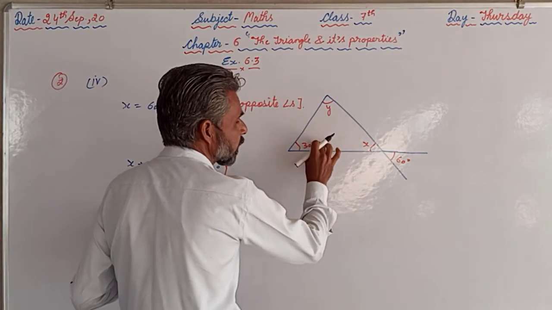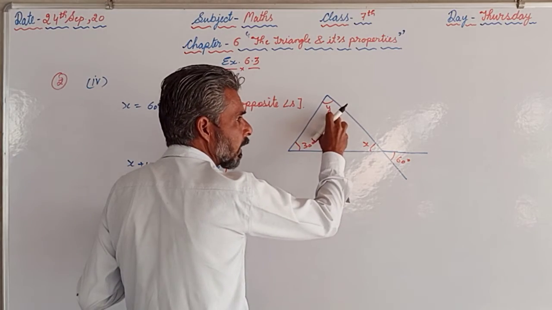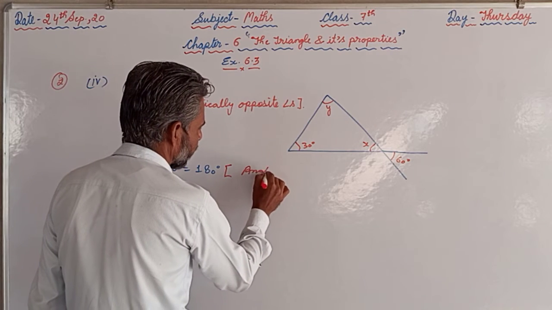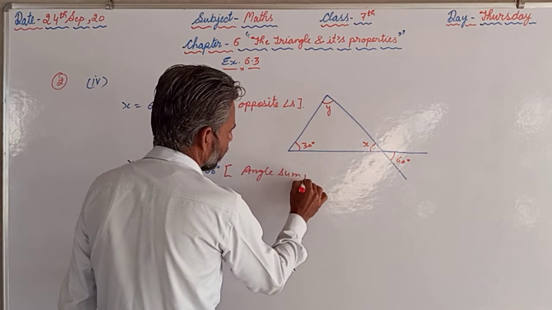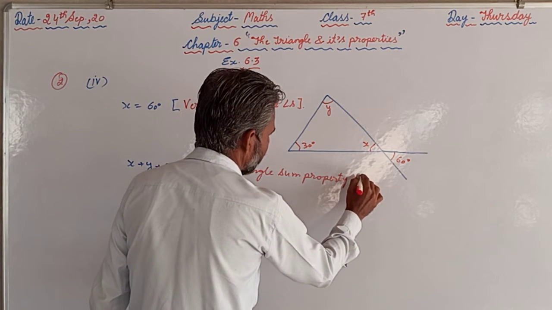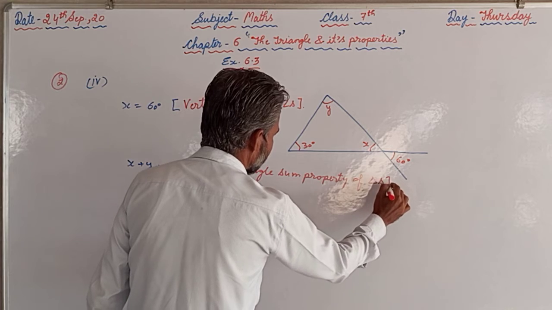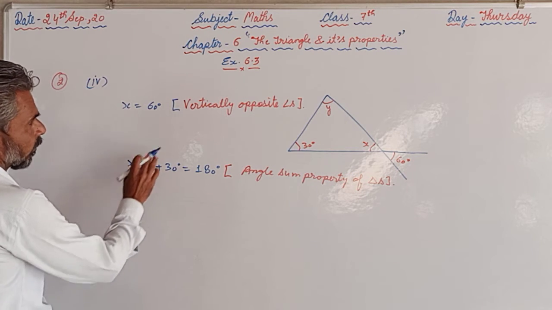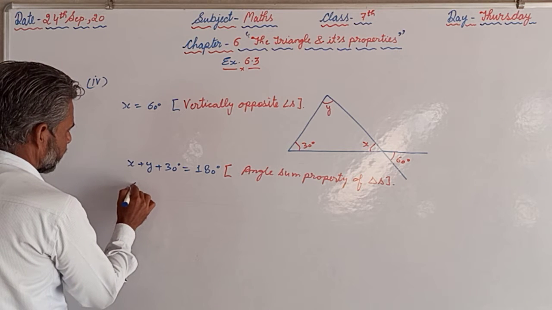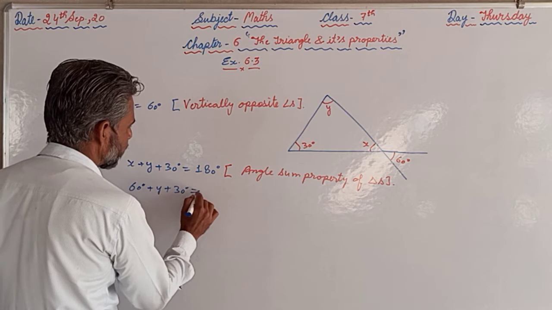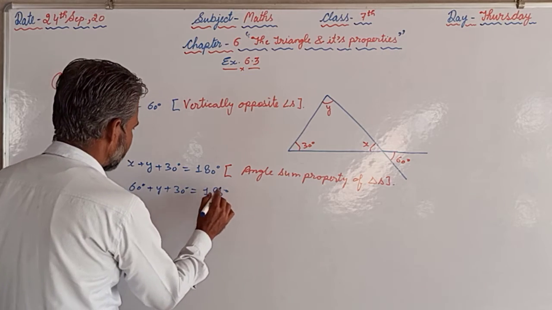X plus y plus 30 means the sum of the angles of a triangle, that is angle sum property of triangles. So from here we got the value of x, that is 60 degree plus y plus 30 degree is equals to 180 degree.